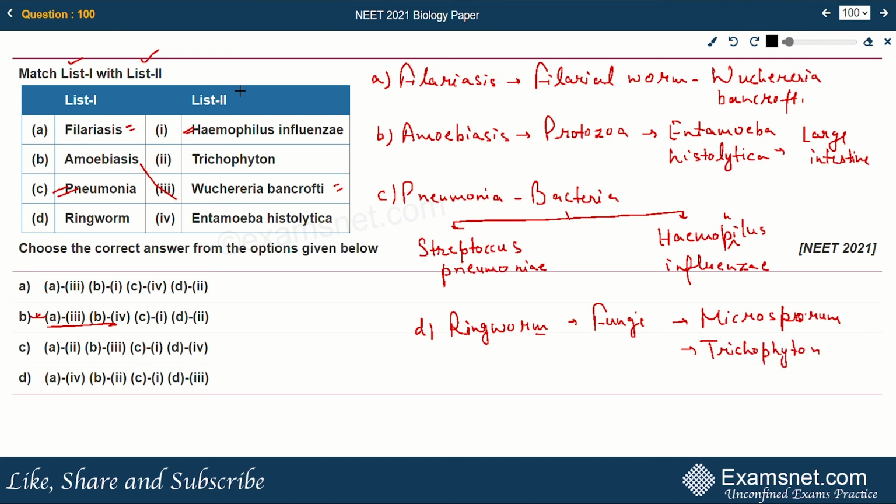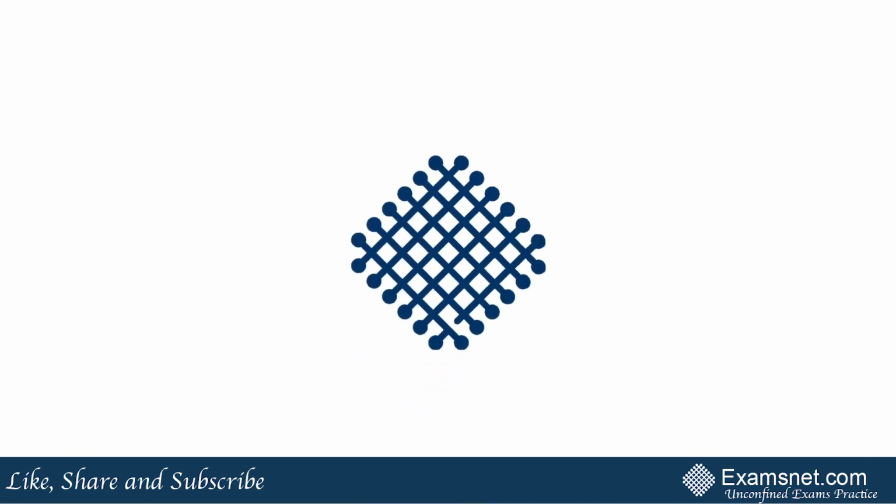And the third one is Epidermophyton. So the fungi belonging to any of these three genera can cause the ringworm. So here Trichophyton is mentioned. So this will be the correct match for number D. So out of the given options, option B correctly fits this. So this will be the answer.